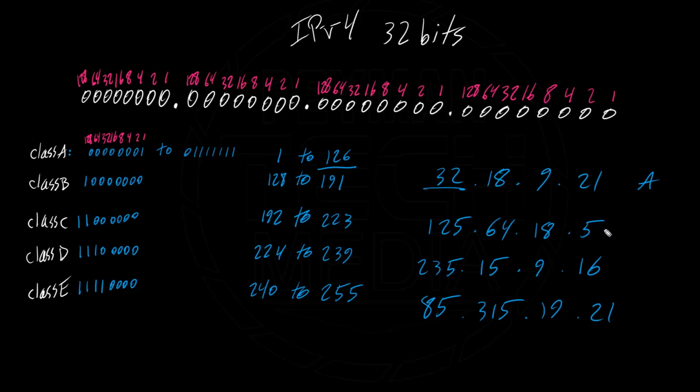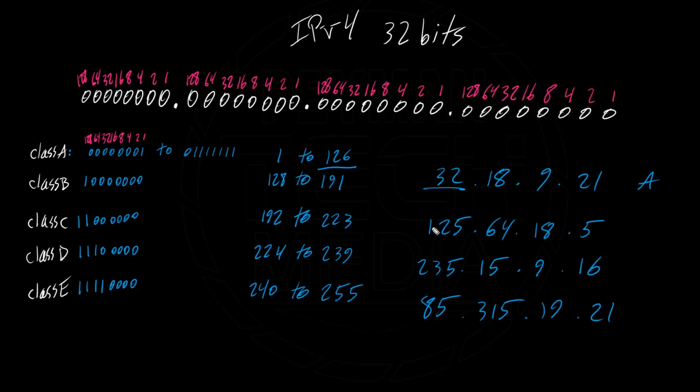By the way, these are known as dotted decimal notation. Basically, these numbers are already converted from binary to decimal, which is easier for humans to read. But the actual IP address is 32 bits, and this is known as dotted decimal notation.